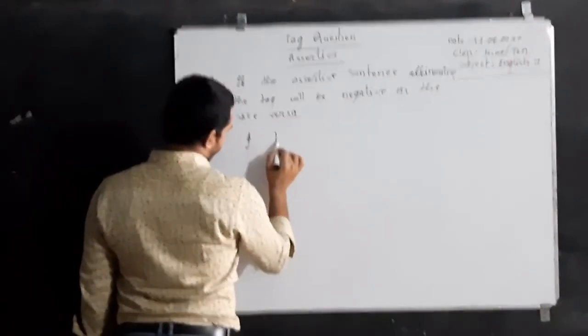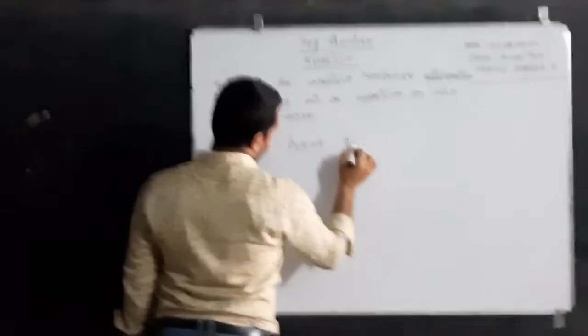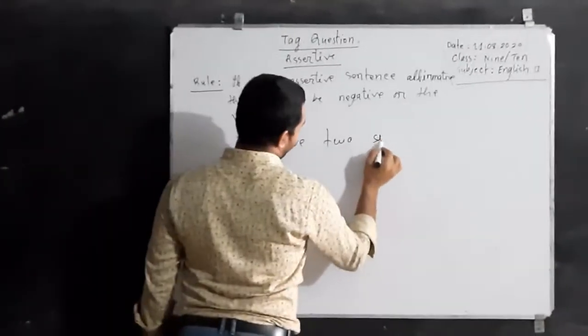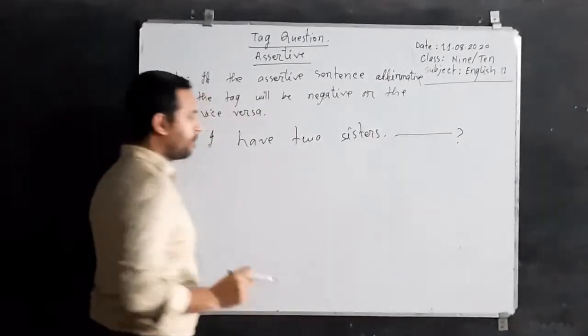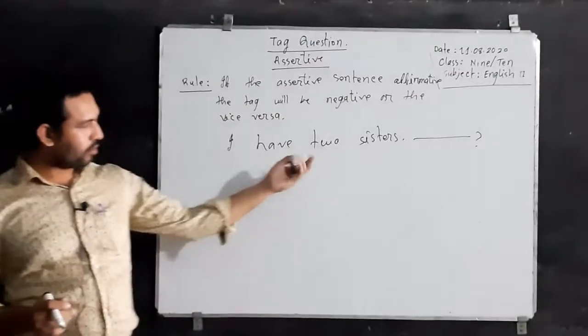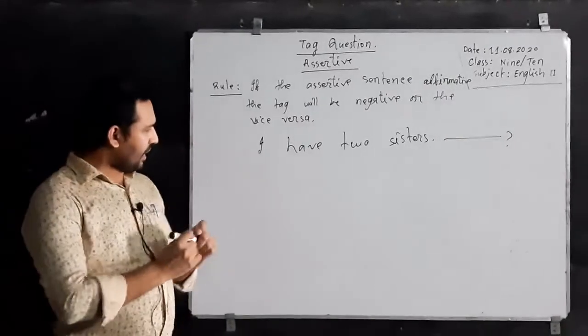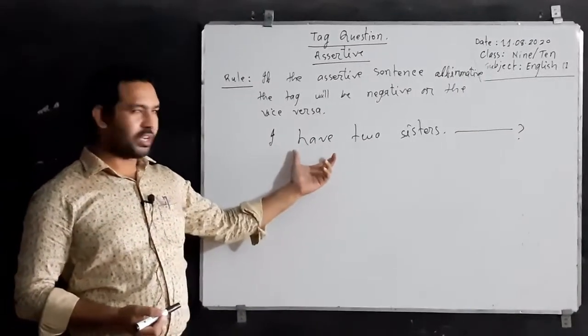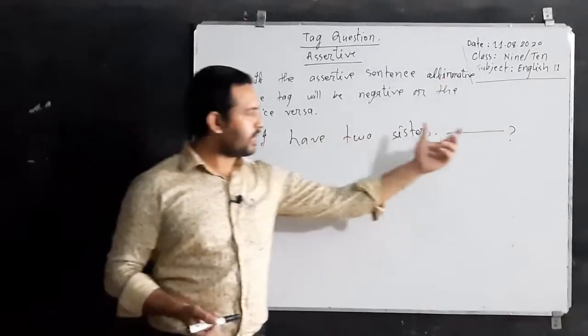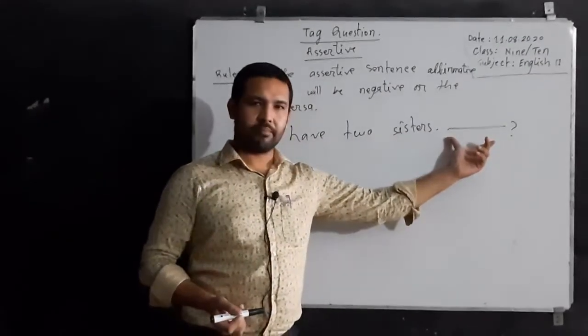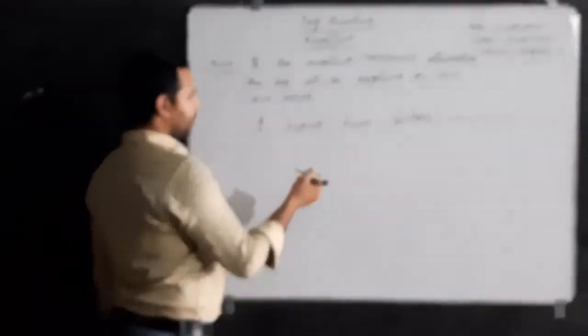I have two sisters. We have to make a tag for this sentence. It is an affirmative sentence, right? The tag will be in the negative form. How can we make it?